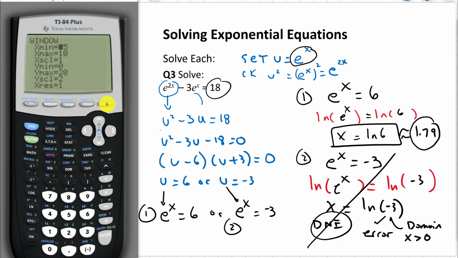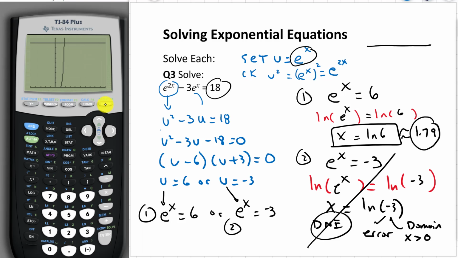Let's graph this and see what happens. And sure enough, we're only seeing one solution. If we had 18 going across and there were two solutions, we would need to see something like that, or we got two different solutions. But that's not what's showing up. There's only one solution, and let's check it.